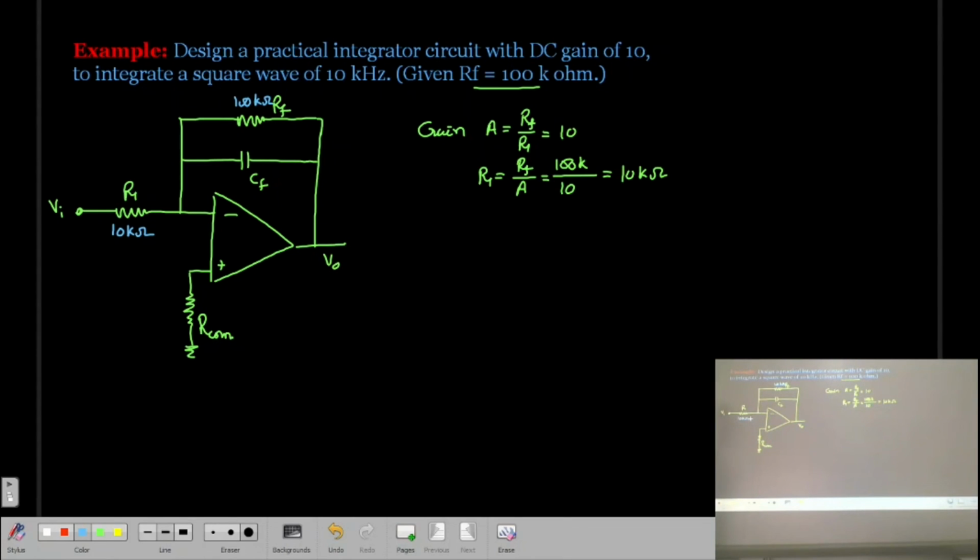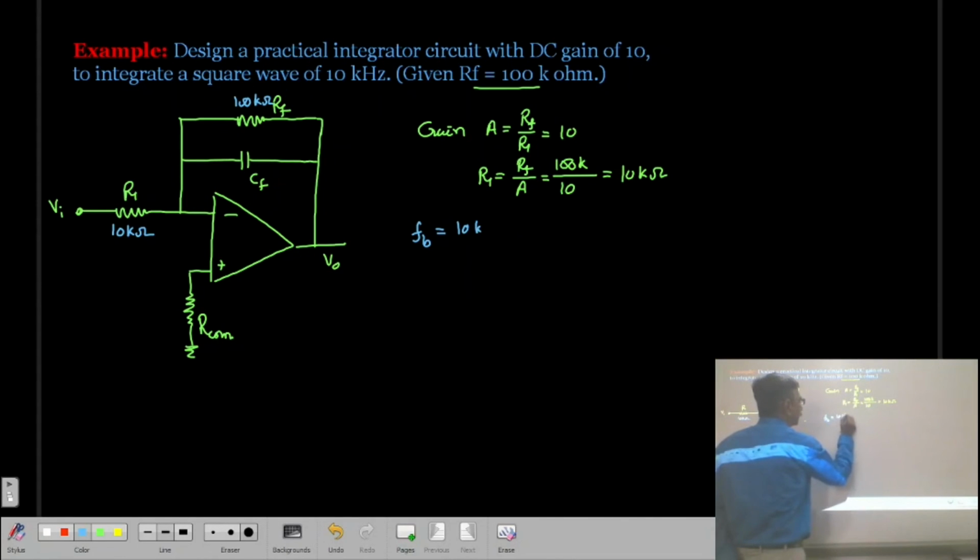Okay. Now we have to calculate the CF. And for the calculation of CF, we have the two formulas of FA and FB. Here in our case, FB, the frequency which you want to integrate, is given as 10 kilohertz. Correct?